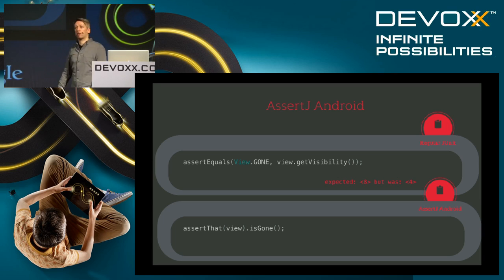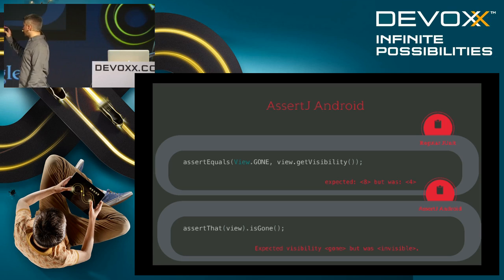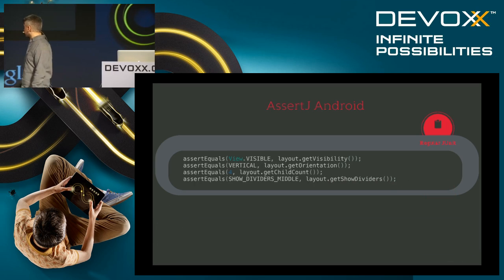You can go clicking around, viewing documentation, and so on. With a tool like AssertJ, you get a very nice error message saying expected visibility gone, but was visible. So it's not only helping you write more concise code, it's also really helping you when something goes wrong and you want to know what the error in your test was.